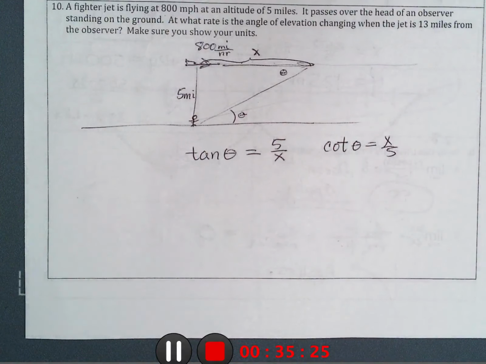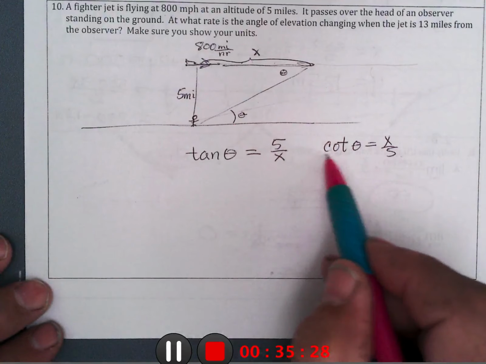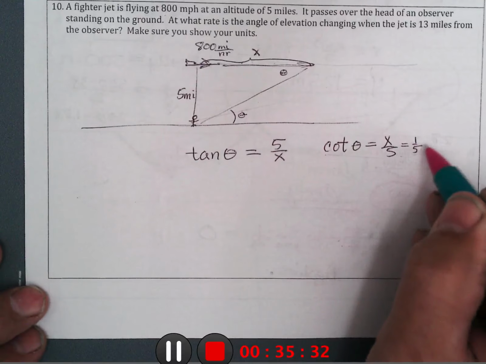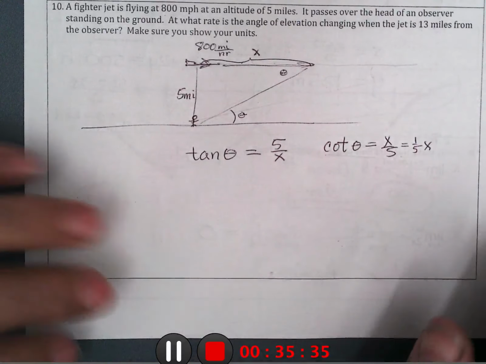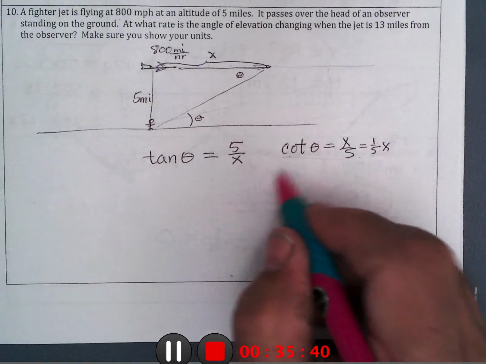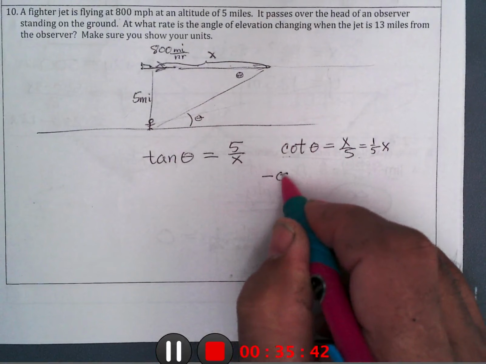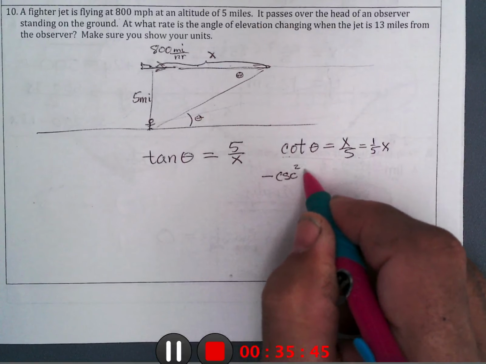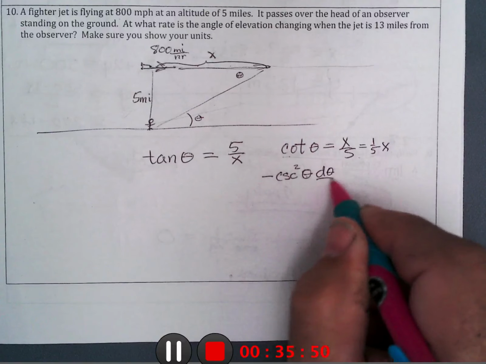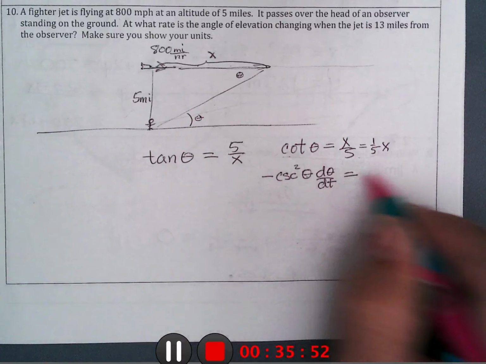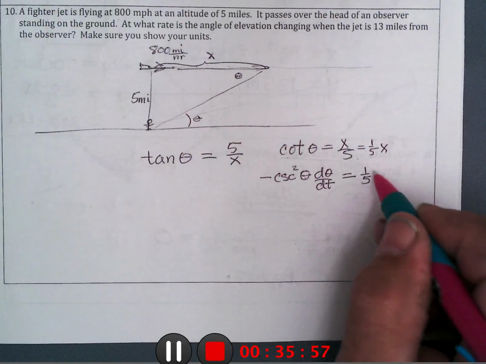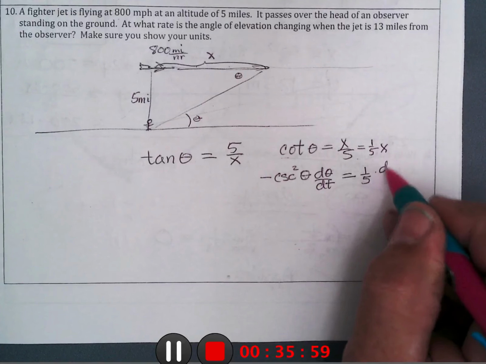Now this one might be a little bit easier to work with because x is in the numerator. This is the same as 1/5 x. So if I take the derivative with respect to time of this one, I get negative cosecant squared of theta times d theta/dt equals, and the derivative of this would be 1/5 times dx/dt.